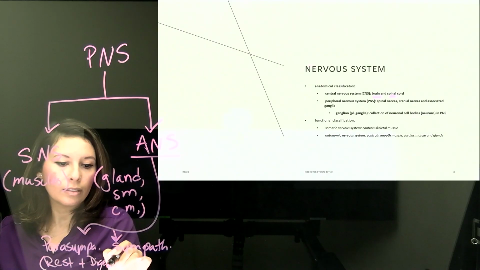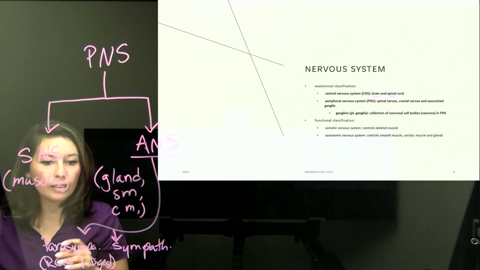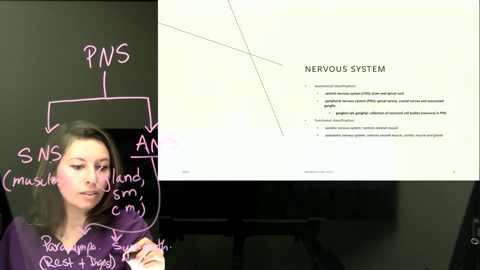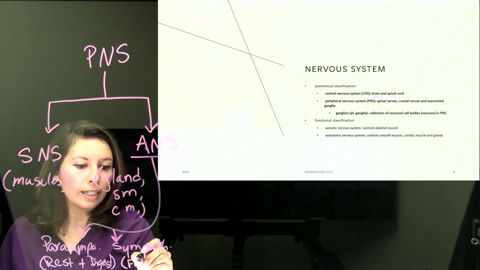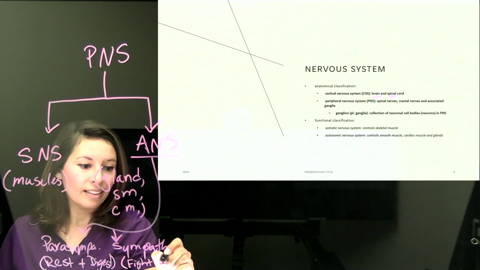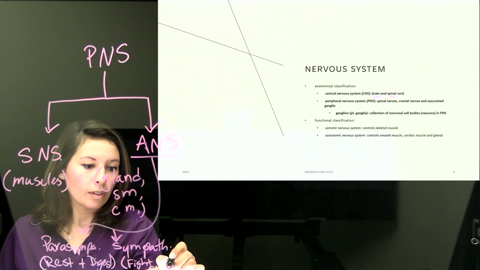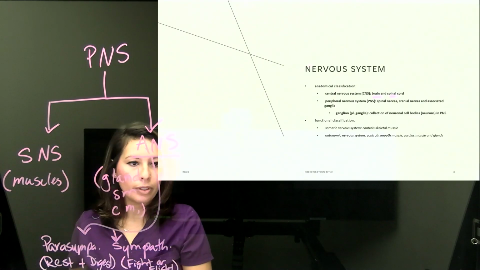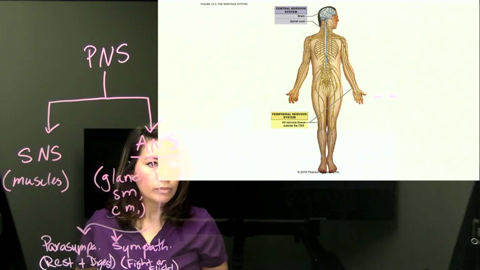Whenever you are resting, we are using our parasympathetic system. And your sympathetic is what we call your fight or flight. So fight or flight is part of your sympathetic.